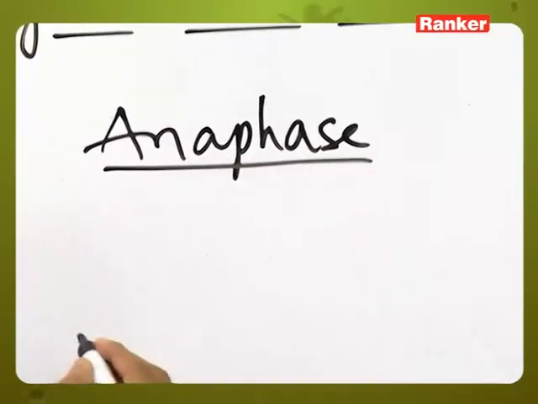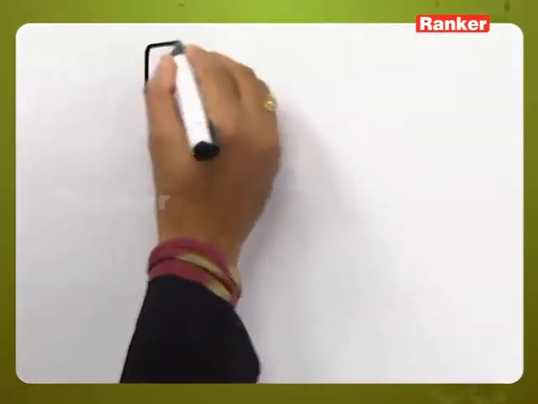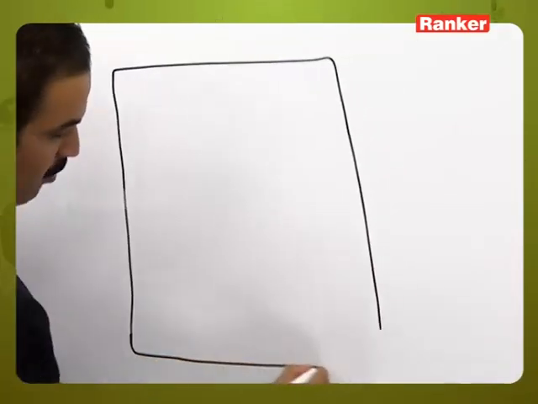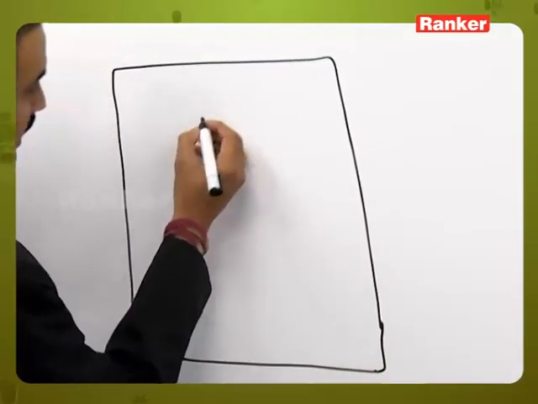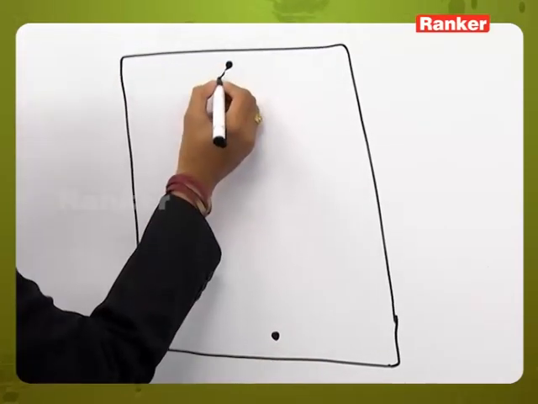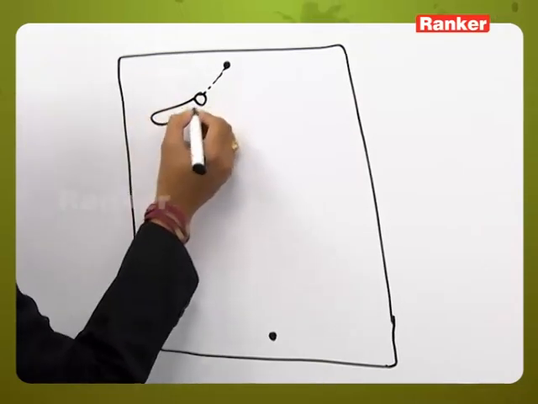So here, during anaphase of mitosis, the chromosomes will split at the chromatid region, and those chromatids, due to the bipolar spindle, will move towards opposite sides.